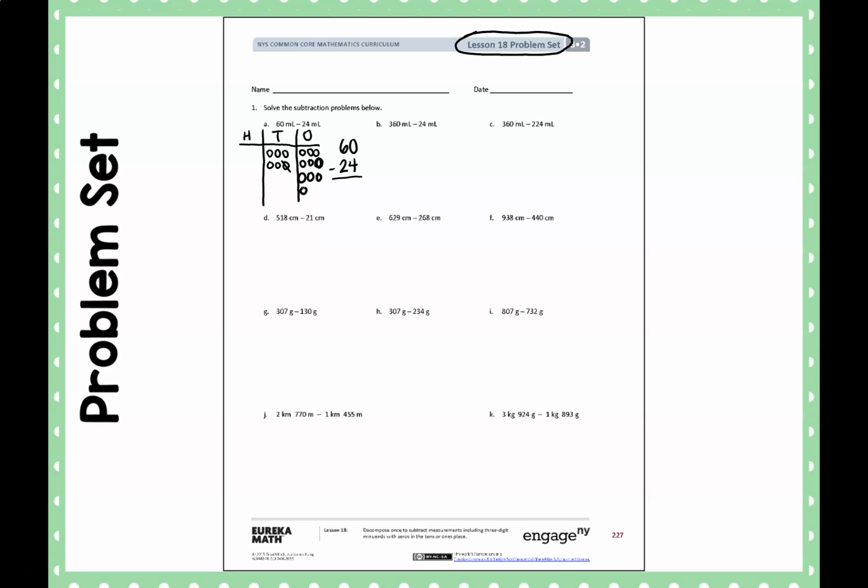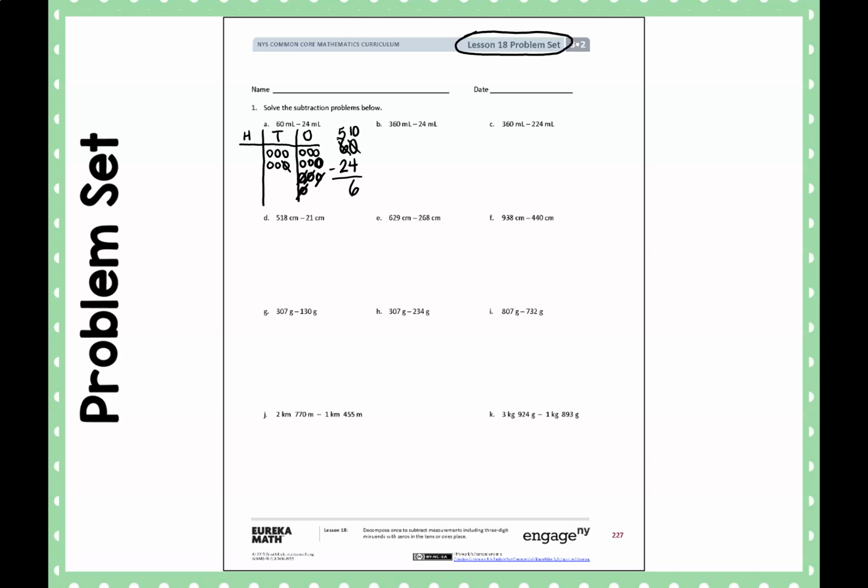All right, now can we take away 4 ones from 10 ones? Yes, we can. So go ahead and cross out 1, 2, 3, 4. Okay, we have how many ones left over? 6. All right, now that 0 became a 10, and our 6 tens became 5.